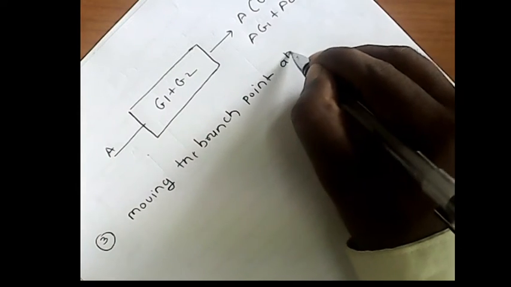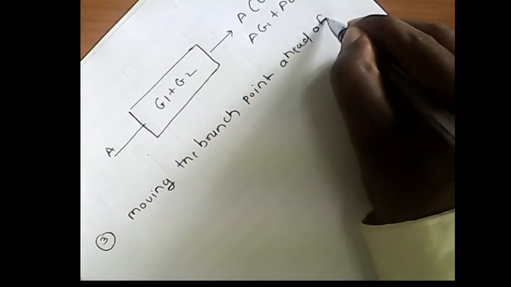Now third rule, moving the branch point ahead of the block. Suppose a block has gain G, the transfer function, and A is the input.